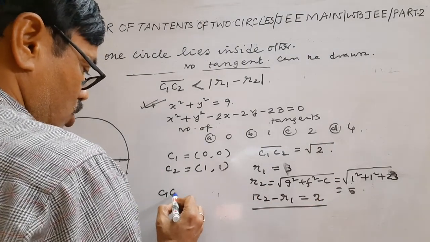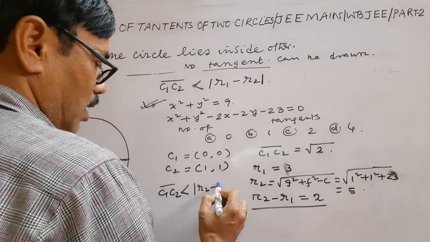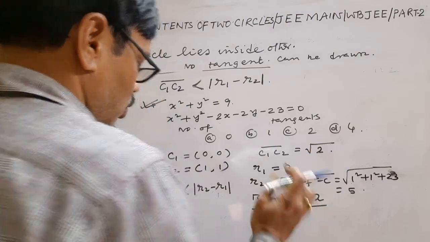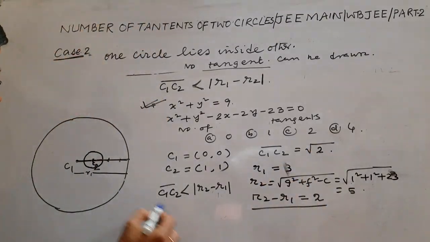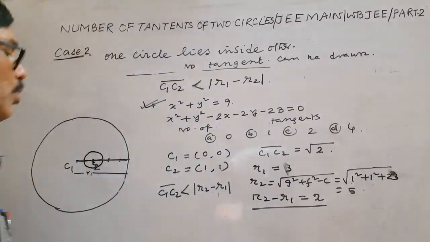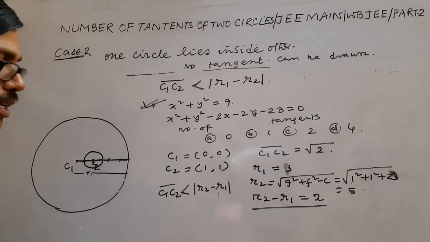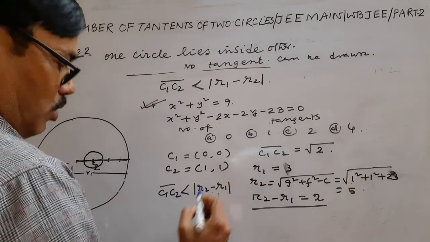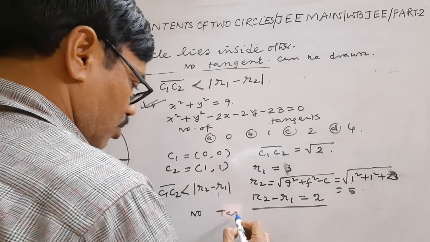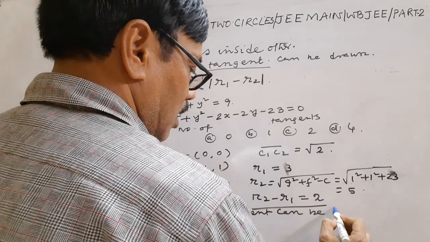So C1C2 equals root 2 and C1C2 is less than mod R2 minus R1, which is 2. So one circle lies inside the other. So no tangent can be drawn.